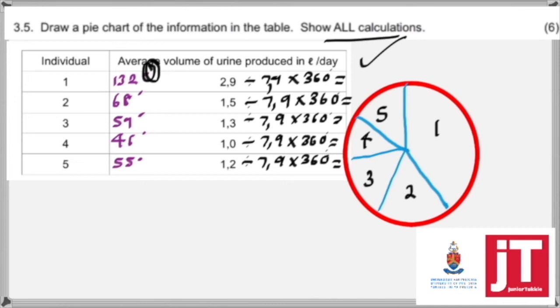Then for drawing your pie chart, make sure you have your circle. Make sure you always have your protractor and your compass at hand. You know how to use a protractor. The only thing you write in the pie chart is the numbers, so you can use a key.